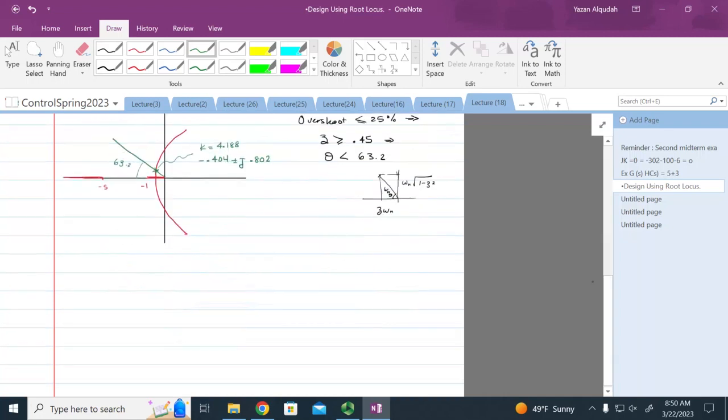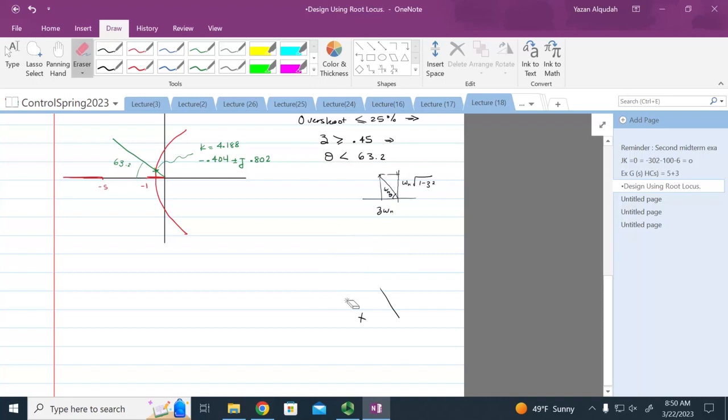Remember, from the second order system, if I have a pole here and a pole here, and I connect this and I take this theta, cosine of this theta is equal to zeta. Make sense? Everybody remembers that? Okay.